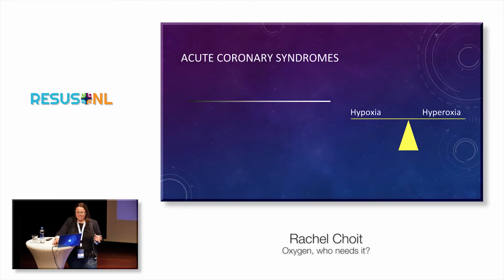So when we look at the use of oxygen in acute coronary syndromes, there's obviously a balance between hyperoxia and hypoxia. You want to make sure that the ischemic myocardium is being perfused, but at the same time, oxygen itself is a vasoactive substance that causes vasoconstriction, increases your afterload, and has been shown to reduce coronary blood flow, which isn't great for the ischemic heart.